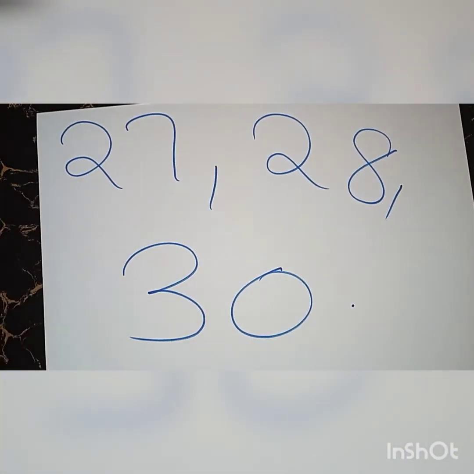Okay? So those are the composite numbers that we have from 1 to 30.